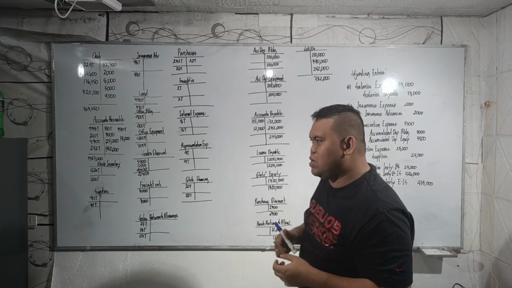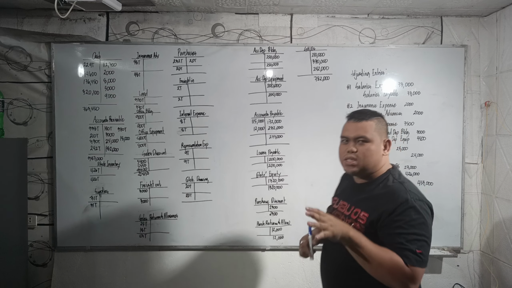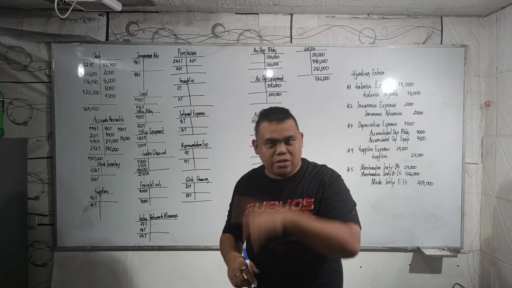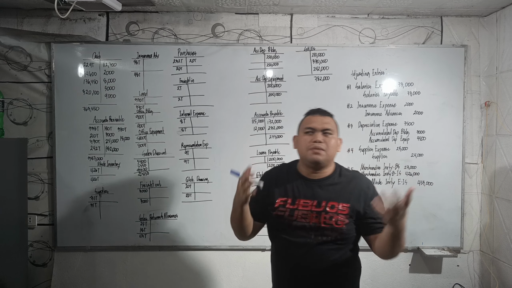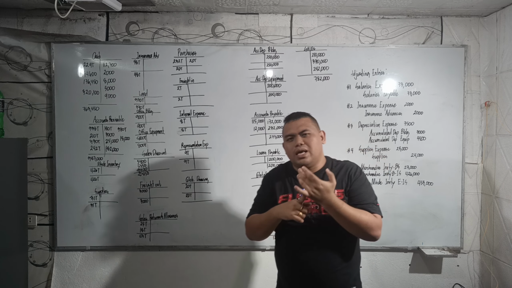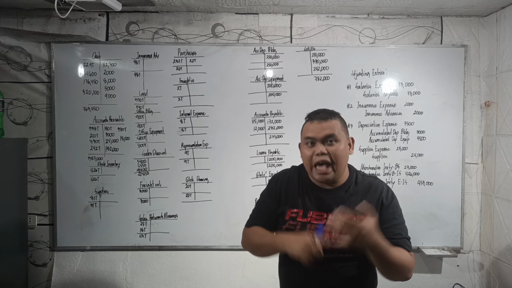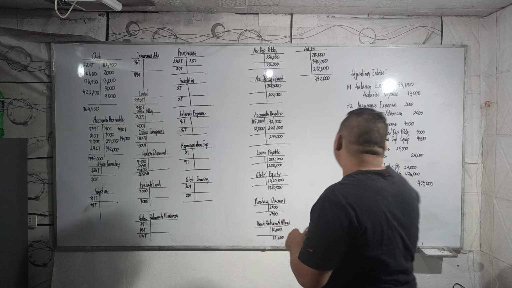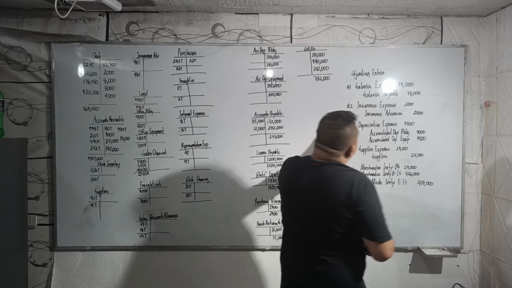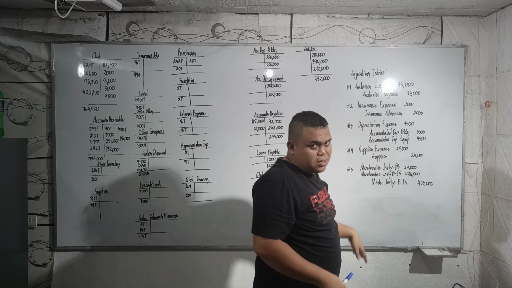Step 7 is actually posting the adjusting journal entries to the ledger. The complete step 7 is: adjusting journal entries are journalized and posted. So supposedly, on step 7, we are still to make adjusting journal entries.